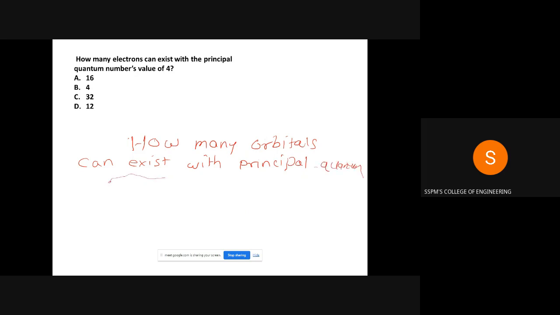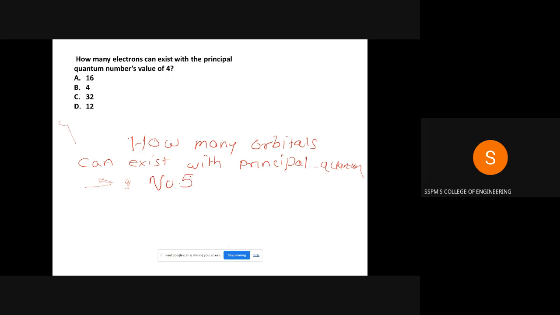In a similar way, how many orbitals can exist with principal quantum number equal to 5?